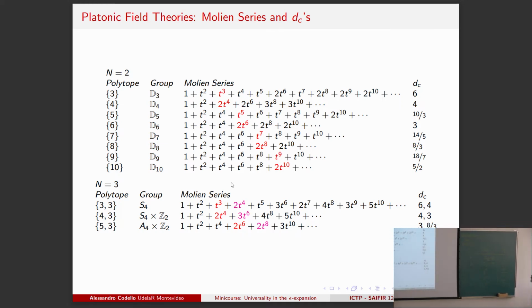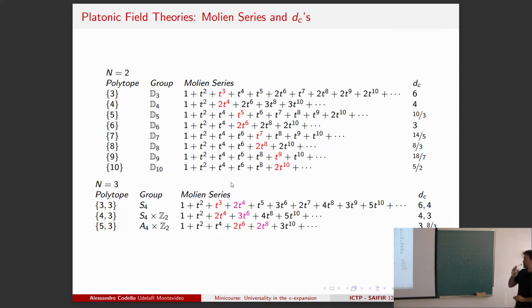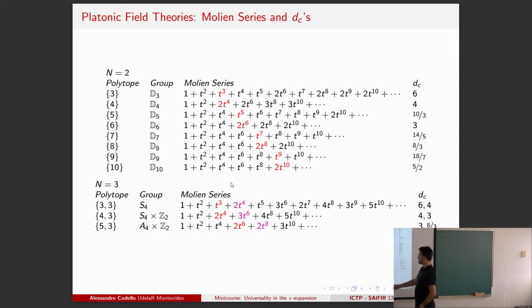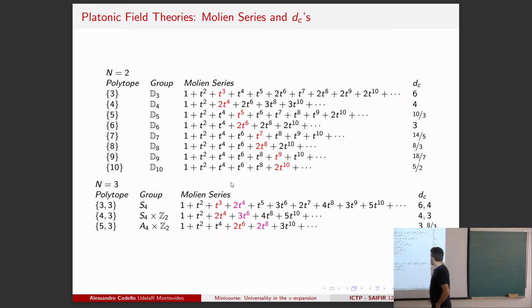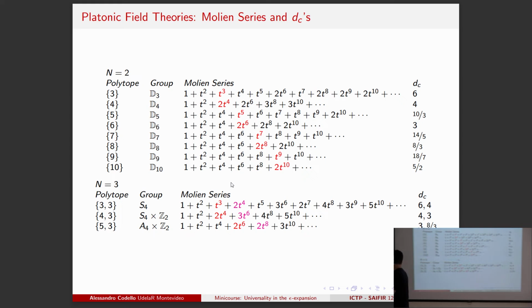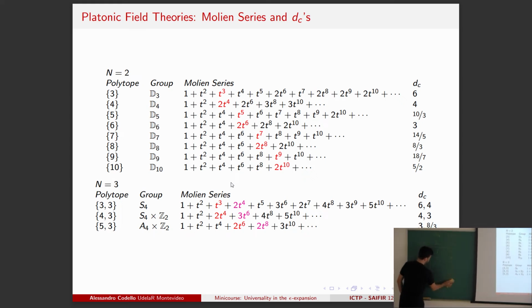Now let's look at the 3-dimensional representations. So if you look at the 3-dimensional representation, you see that this is S4. S4 is the symmetries of the tetrahedron.